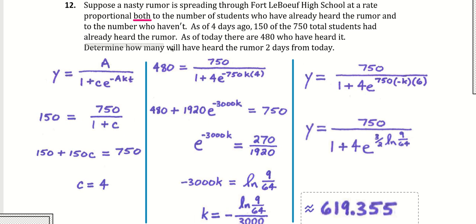So when you go ahead and try to figure out, okay, what about 2 days from today, which would need to be defined as t equals 6 right here. Ooh, look at me. I just wrote negative k right here. And if you kind of remember, wait, 750, 3,000.